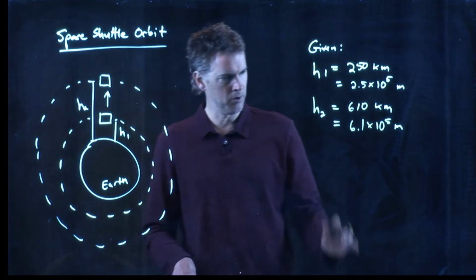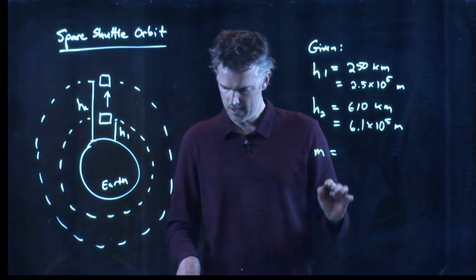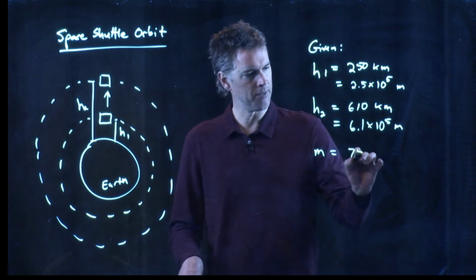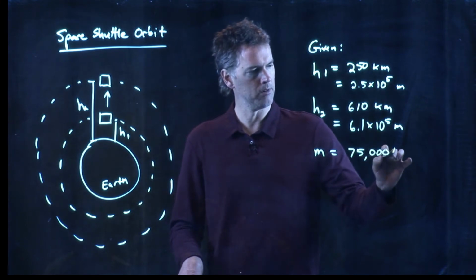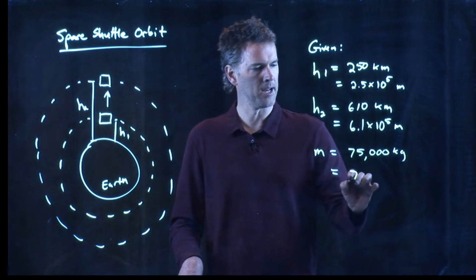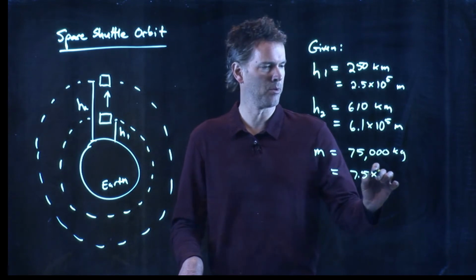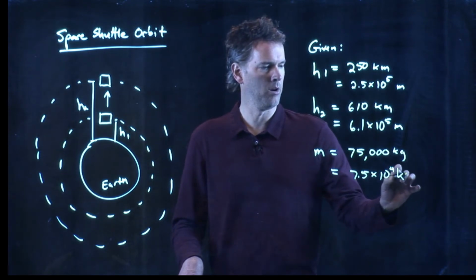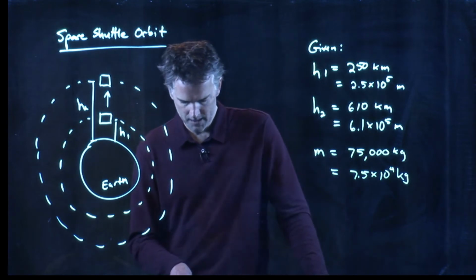What else do we know? We know the mass of the shuttle. That is 75,000 kilograms. So if we put that in scientific notation, it's 7.5 times 10 to the 4 kilograms.